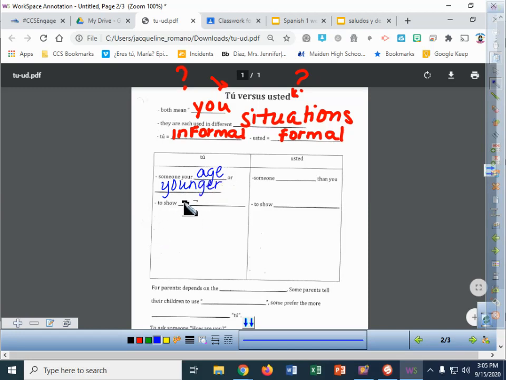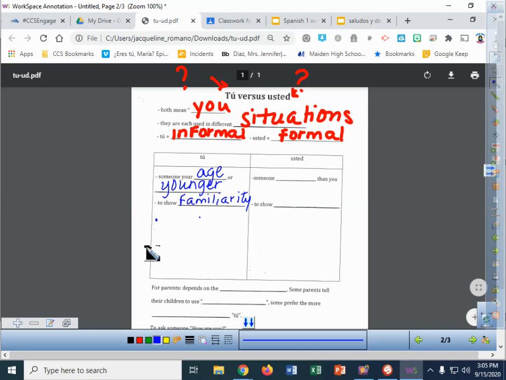And you use this to show that you're familiar with this person.